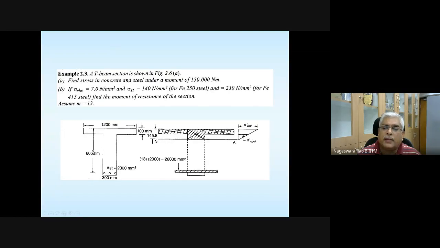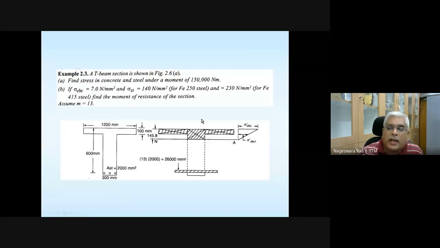So that is effective depth, that is 600, and the total amount of tensile steel that is given is 2000 mm square, and the width of the web is 300 mm. Did you note down these cross-sectional dimensions, as well as the area of steel? So this is the section we need to analyze.